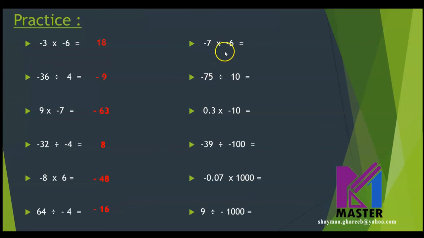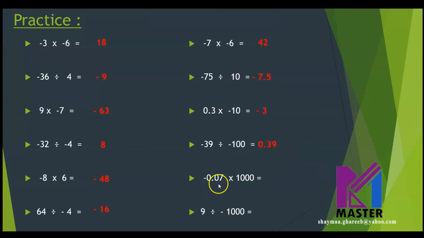Negative 7 times negative 6, the answer will be a positive number, which is 42. Negative 75 divided by 10, the answer will be a negative decimal number, which is negative 7.5. 0.3 times negative 10, the answer will be negative 3. Negative 39 divided by negative 100, the answer will be a positive number, which is 0.39.